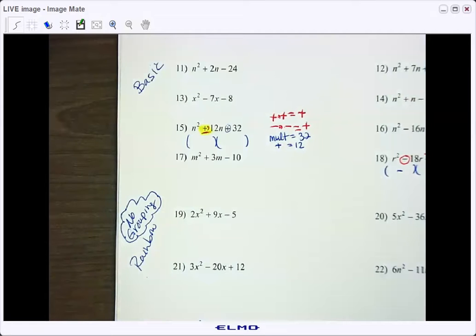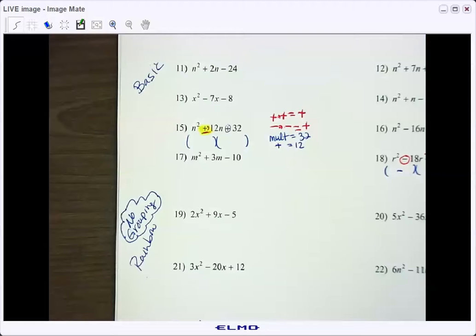Put it in the chat box. Good. Thank you. Nice. Perfect. Yeah, you already got the answer, whole answer. Good. Nice. Couple more. What are my numbers that are going to multiply to give me 32 and add together to give me 12?